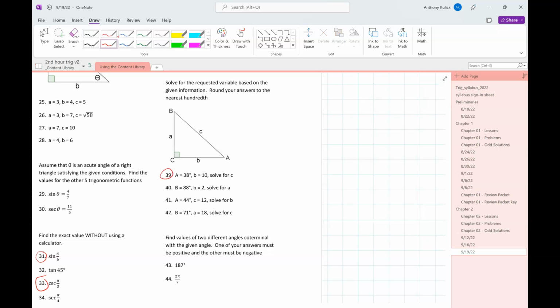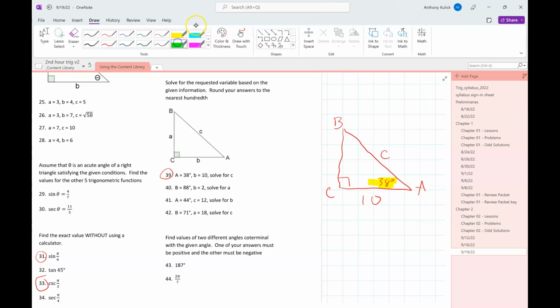Okay, it says if A is 38 degrees and B is 10, solve for C. So just kind of recopy that triangle. And it says A is 38 degrees, B is 10, and we're looking for C. Maybe I'll just call it C. So I'm going to look relative to the angle that I know.